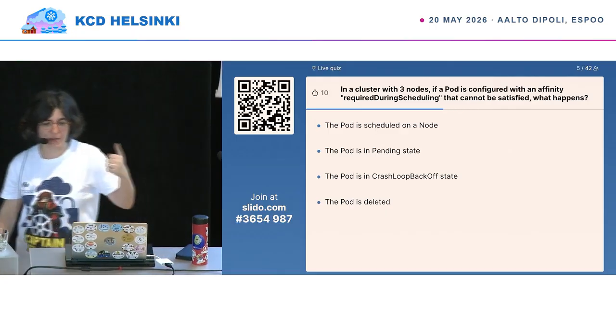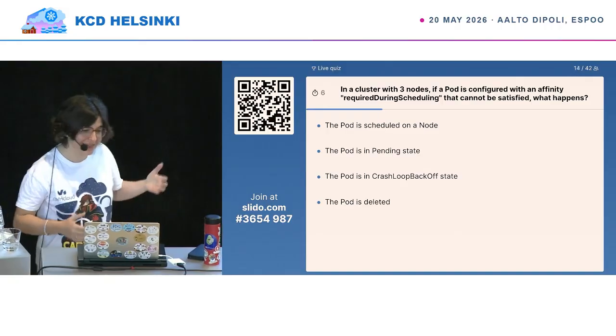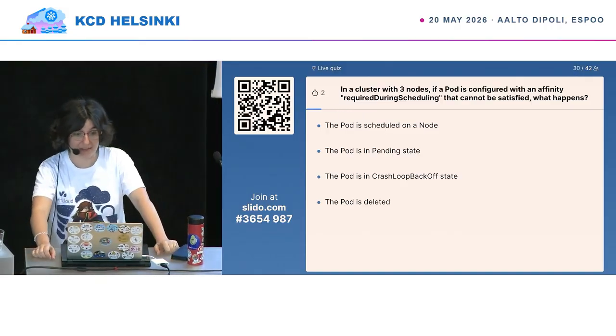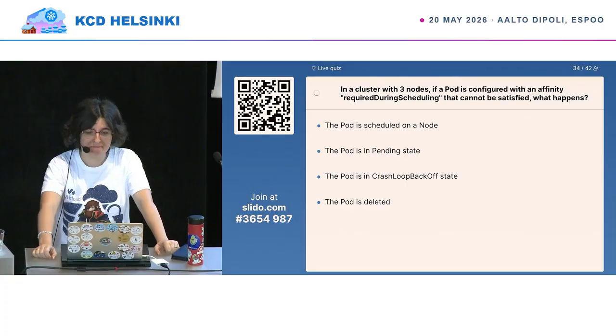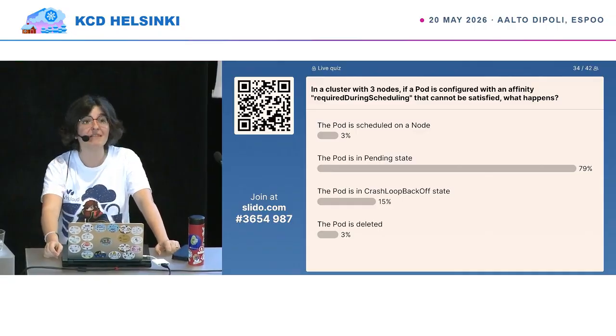The pod is scheduled, the pod is in pending state, the pod is in CrashLoopBackOff state, or the pod is deleted. It's quick, yeah. So you think the pod is in pending state? Yeah?